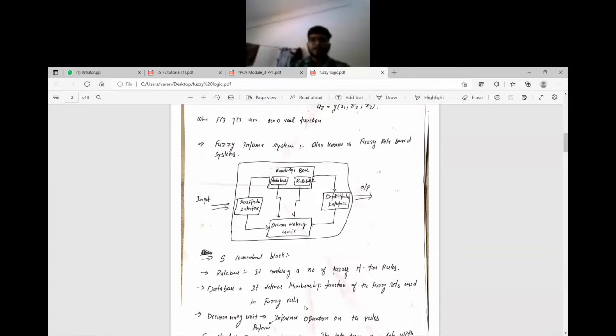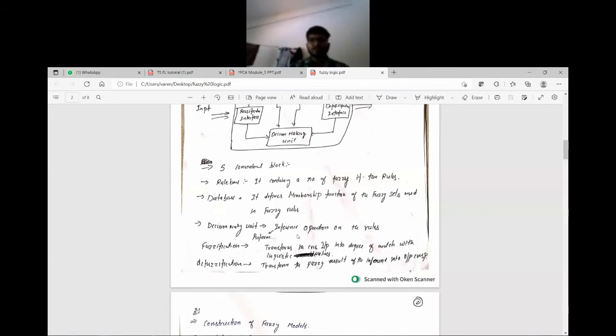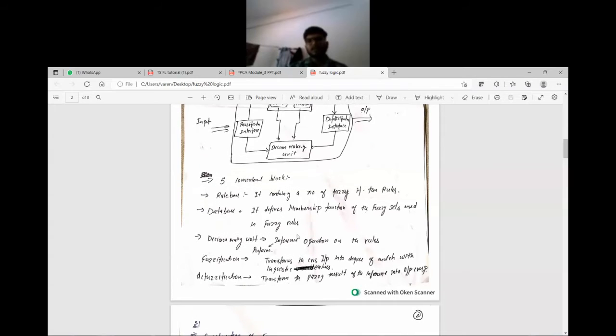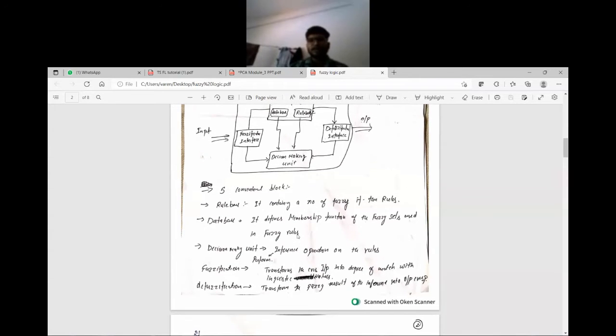Now, let's familiarize ourselves with the fuzzy inference system, which is also known as the fuzzy rule based system. Here is a block diagram which describes the fuzzy inference system. There are five conventional blocks used in this fuzzy inference system. First is the rule base, which contains a number of fuzzy if-then rules. Next is the database. It defines the membership functions of the fuzzy sets which are used in the fuzzy rules.